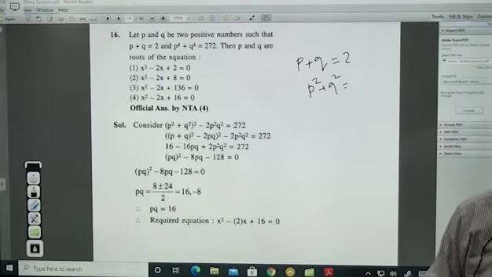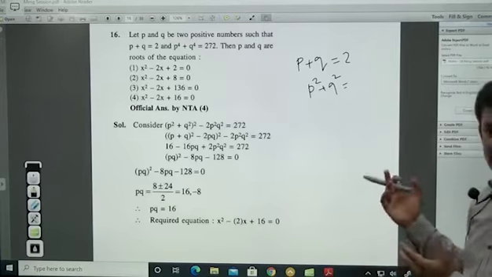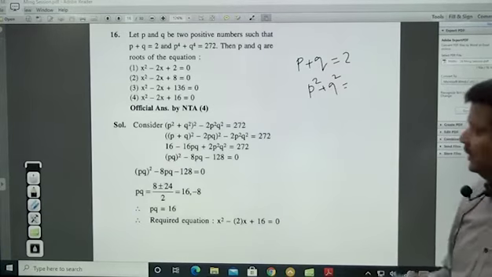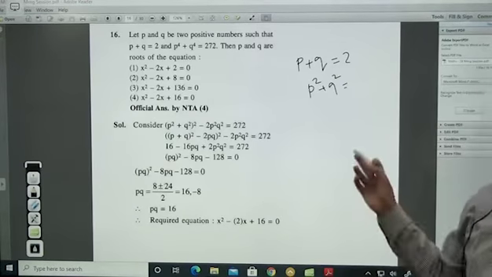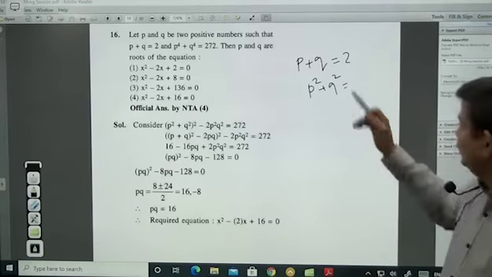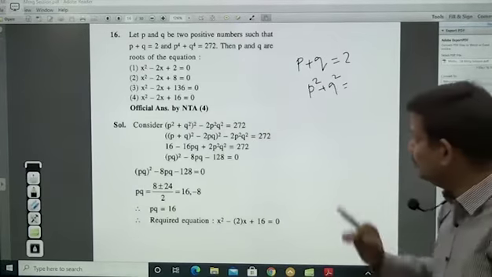Is it possible? No. That means you are getting some imaginary roots here. So that is ruled out. PQ if it is 8, what will be P square plus Q square? 4 minus 16, negative. Is it possible? No. Ruled out.